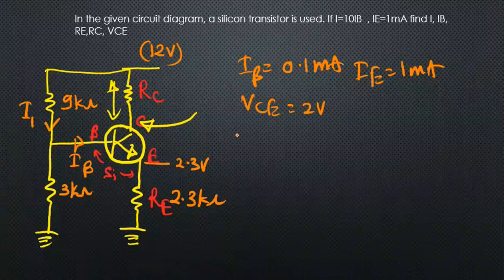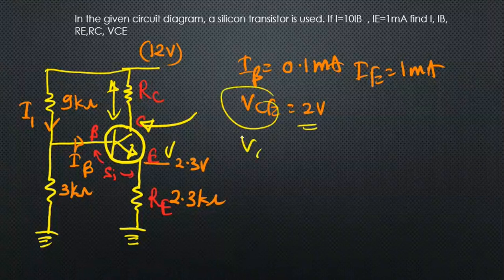Right, now we need to find RC and IC. To find RC, we need the potential at point C. They have given us VCE as 2 volt. We know the potential at point E, VE, is 2.3. VCE is 2 volt, so VC is higher than VE.